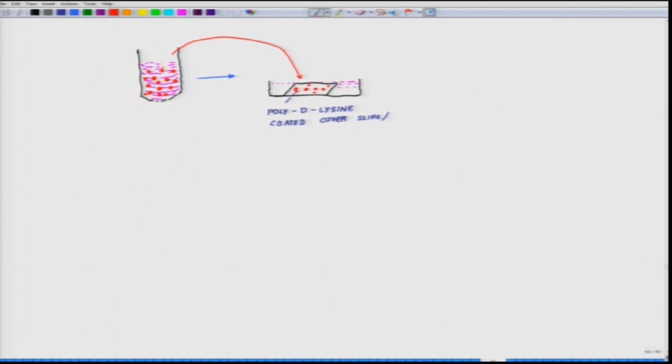You just put them there, with a little bit of medium, and try to plate them without adding any further medium for the next 30 to 40 minutes, and then after 30 to 40 minutes add more medium.